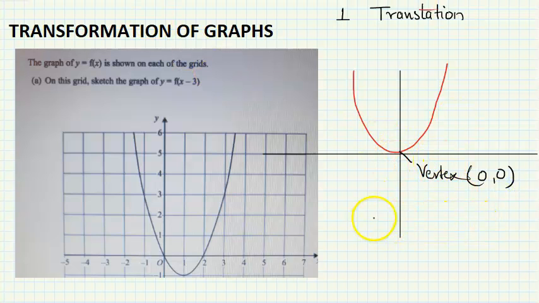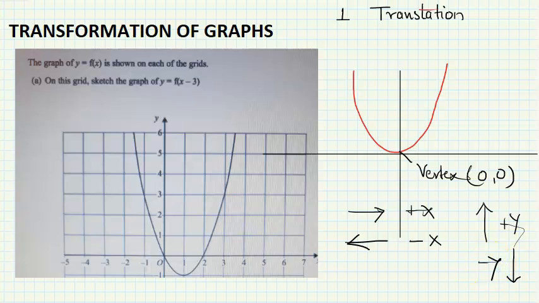Now there are two types of shifting. One is on the positive side of x. Another shifting is negative side of x. One is upward, positive y, and another is negative y. So in the translation, we only have four types of transformation of the graph.